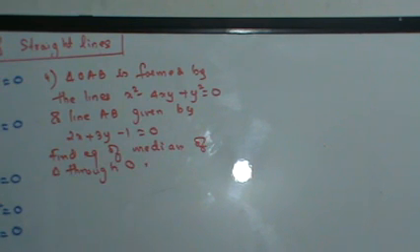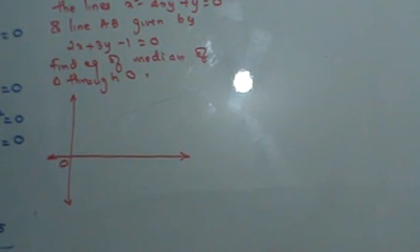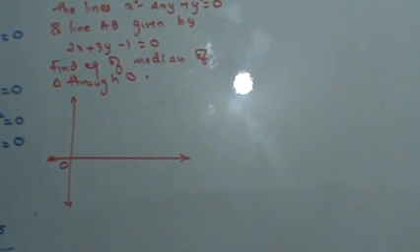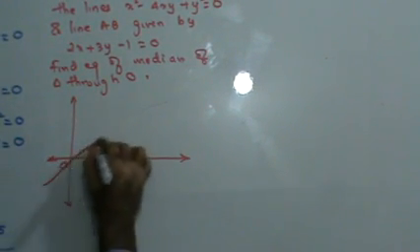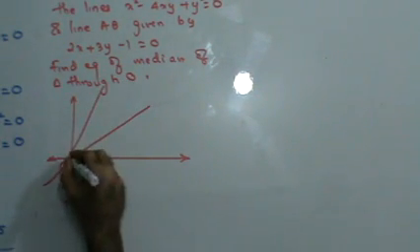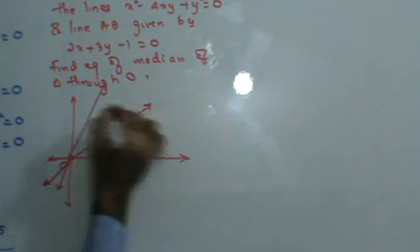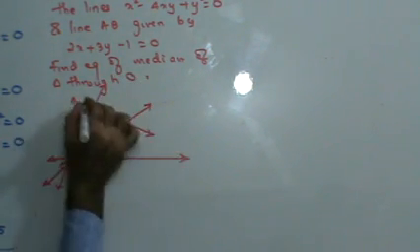Let's draw the figure out first, guys. Coordinate axis, x-axis, y-axis, origin. I have a pair of lines passing through the origin. They are intersected by line AB.